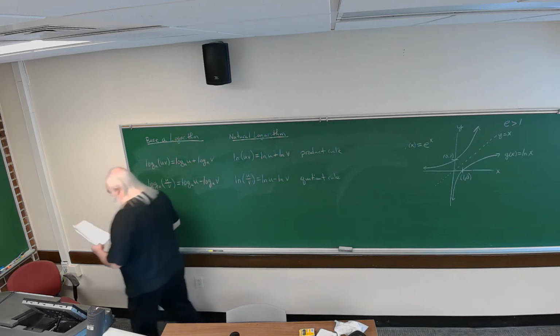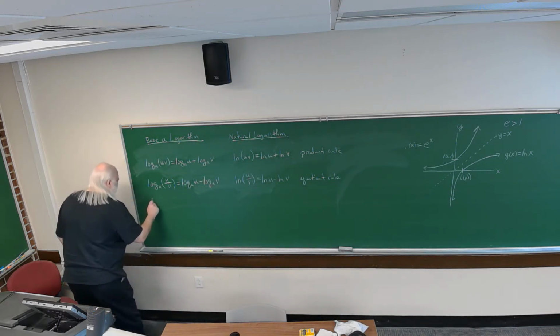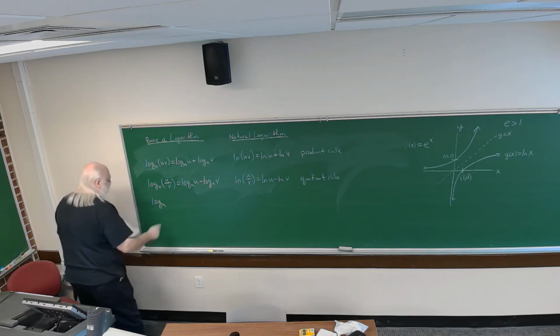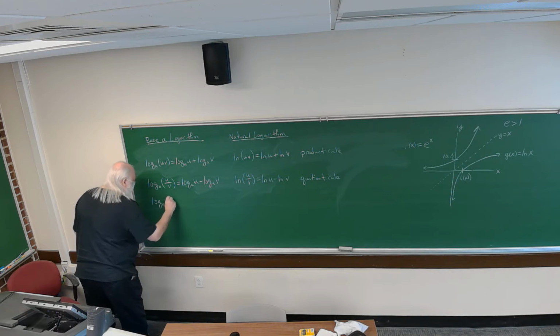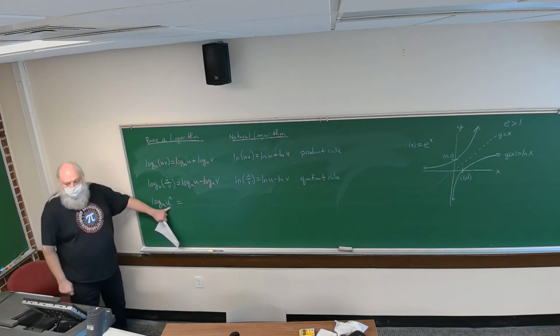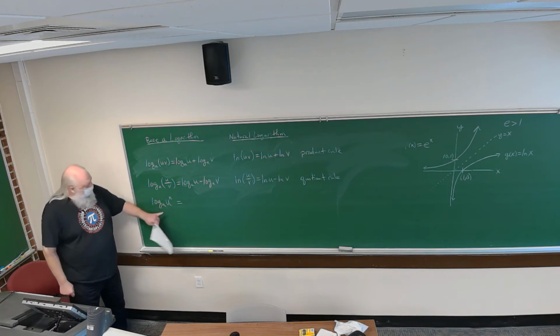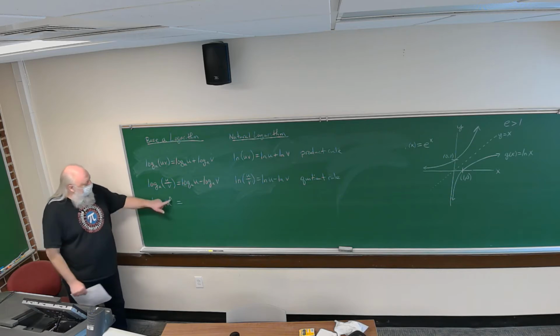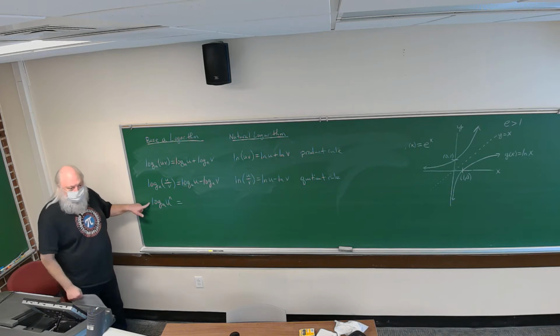The third rule says log base A of u raised to the nth power. So that's u being raised to the nth power, and we're taking the log of u to the n base A. The power rule says I can bring this exponent n down in front of the log.